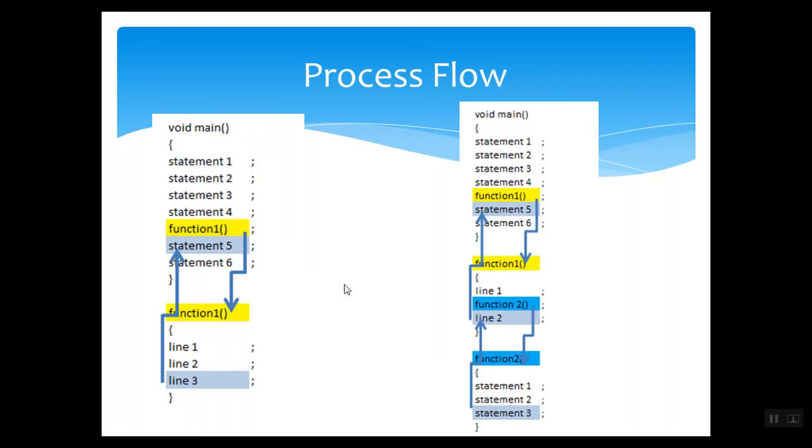So here it will come back to statement 5. If there are multiple functions, here also control will go back to the calling function. For example, from function 1 you are calling function 2. Once execution of function 2 is completed, control will go back to function 1. And once function 1 is completed, control will go back to the main function.